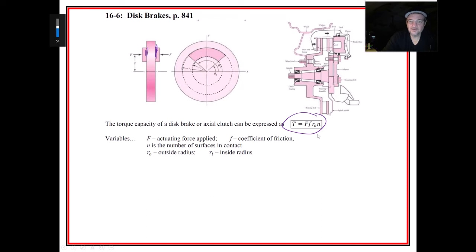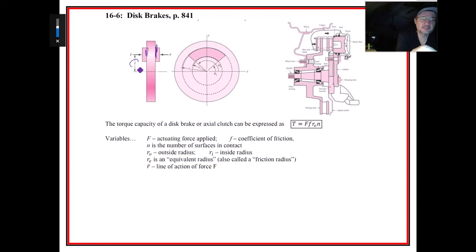Then we have, though we're not using them yet in this equation, the outside radius and the inside radius, and then something called an equivalent radius, right? That's the one we have right here for this simplified equation for the torque, and this is called the friction radius. And then we also have a line of action of a force, which we'll see in a second determines where we should place this R bar, where we should place the actuating force.